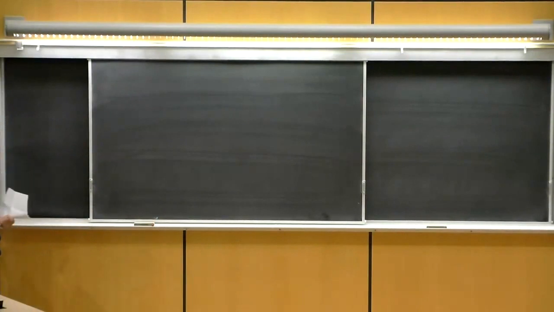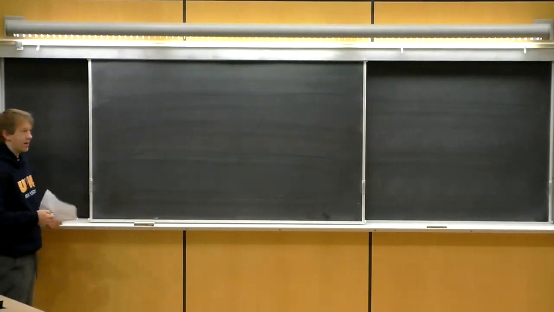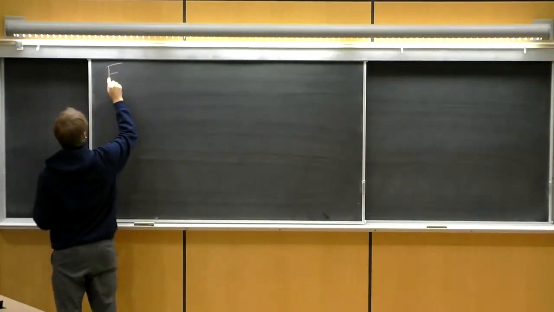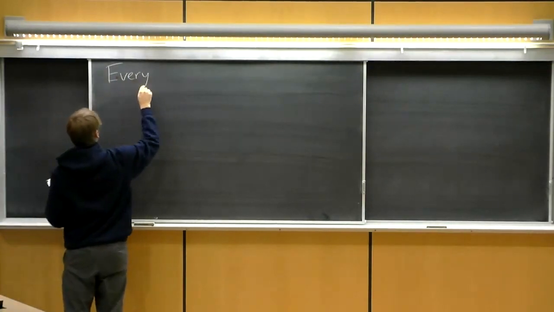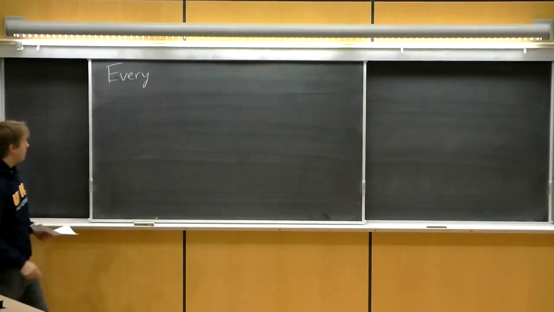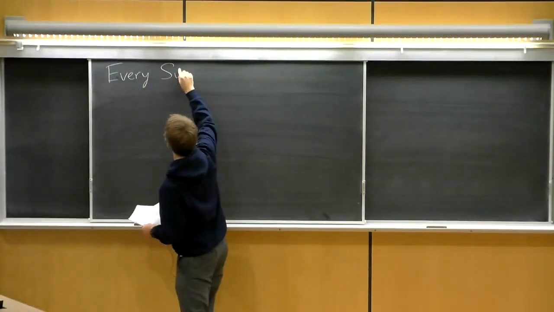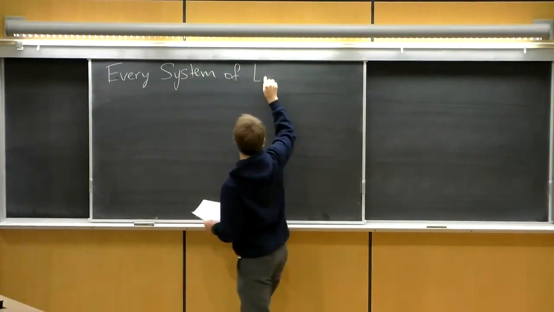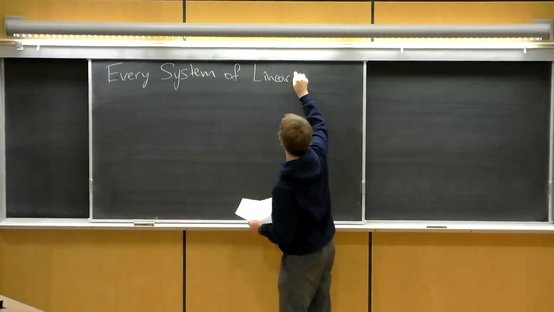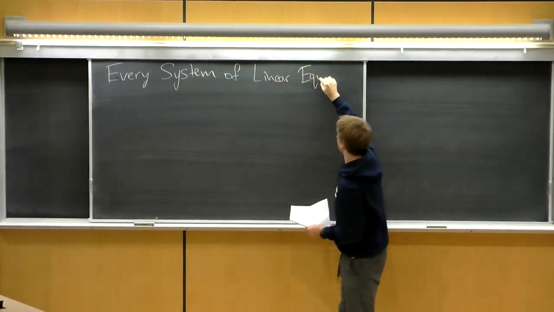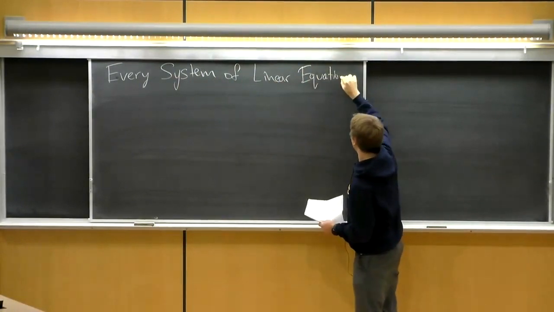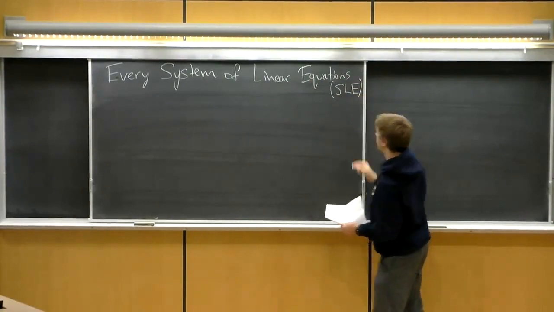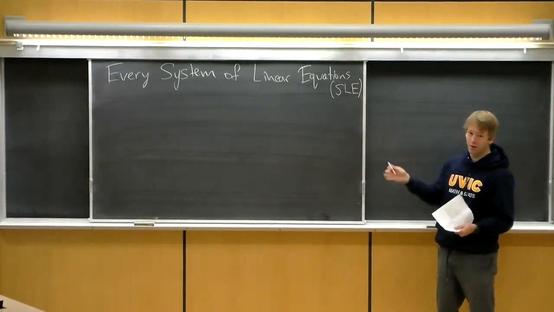Going to see some more complicated examples now. Let me just say that a general principle is that every system of linear equations, or SLE for short, so often we'll just say SLE.